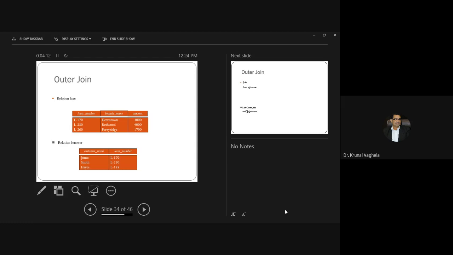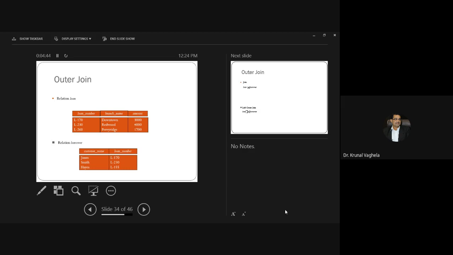So do you see that if we perform the join operation, we miss information? What will we miss? We will miss the branch information and the amount of loan number L260, and we miss the customer name of loan L155, because these two records are not matching.